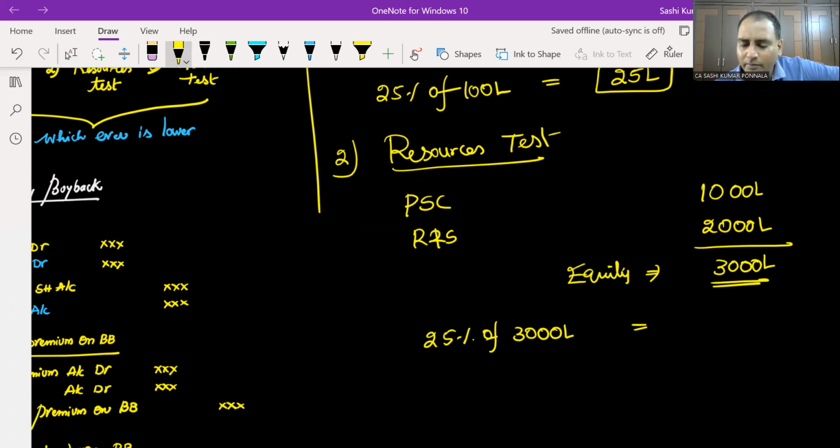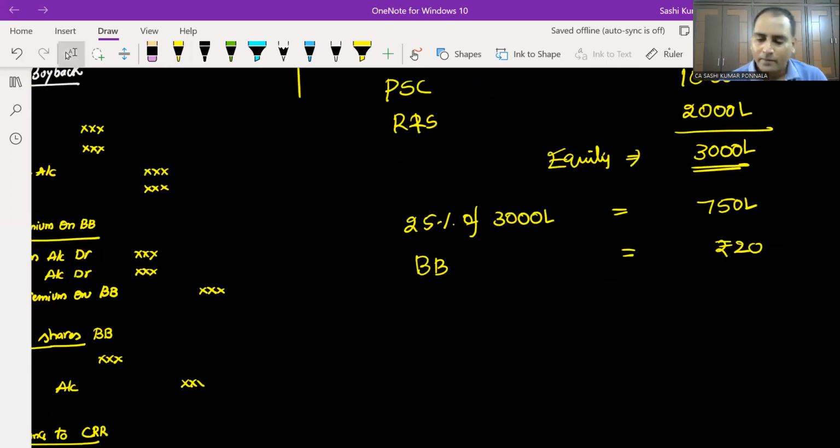So 25% means 750 lakhs. An amount equal to 750 lakhs can be used for the buyback of shares. The buyback price is rupees 20, so quantity into buyback price must be equal to 750 lakhs.